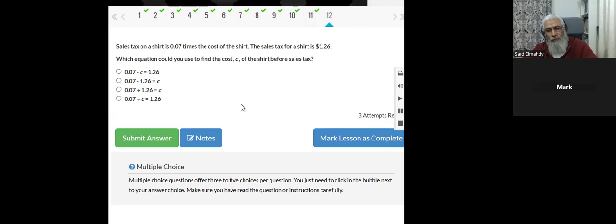Number 12. Sales tax on a shirt is 0.07 of the cost. The sales tax for the shirt is $1.26. Which equation could you use to find the cost of the shirt before sales tax?